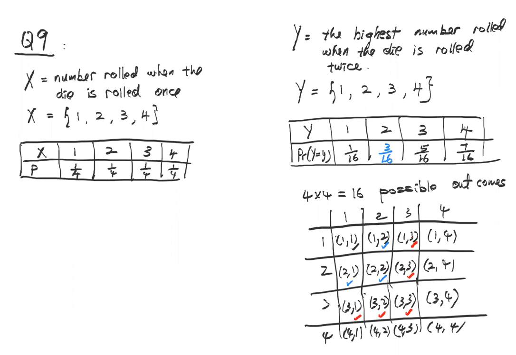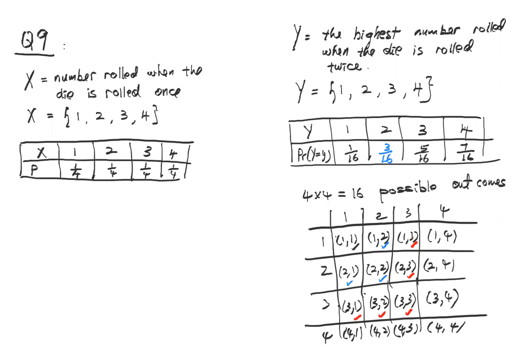Tree diagram is not a good way because it has too many branches and you can get confused. Or you can list out, but if you list out in a table, you won't miss anything. So when it comes to problem solving, you must try to learn the best technique of doing the thing.